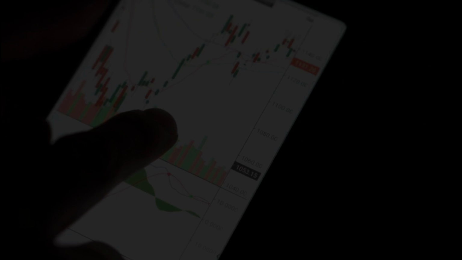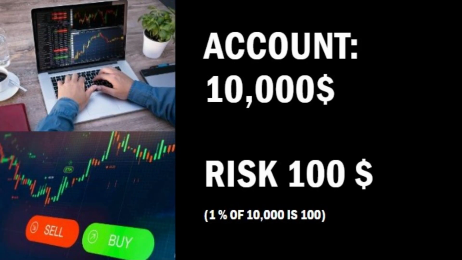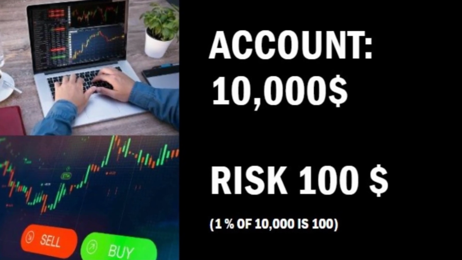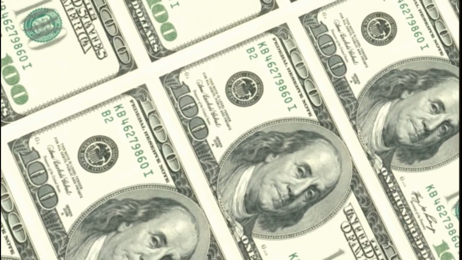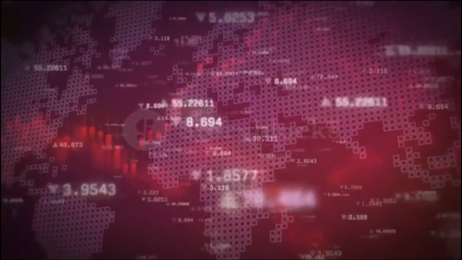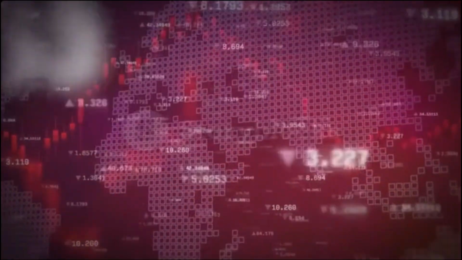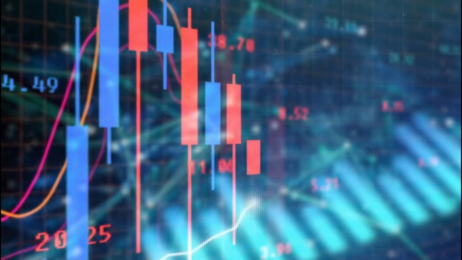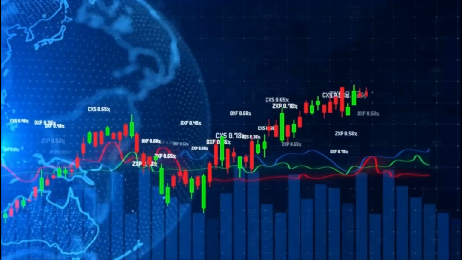So let's break it down. If you're trading with a $10,000 account, risking 1% means you're putting $100 at risk per trade. In the futures market, where prices move in ticks, you can easily calculate your position size based on the tick value and your stop loss level. Let's cover that next.